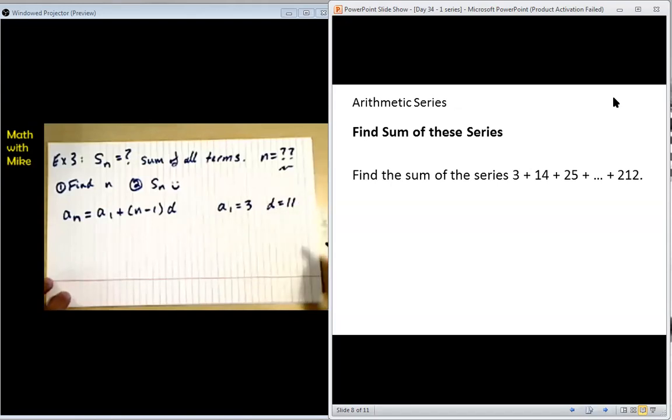You want to check that? Choose a number, subtract the number before it. So D is equal to what? Which number are you going to use? 25. And what's the number before it? 14. Okay.